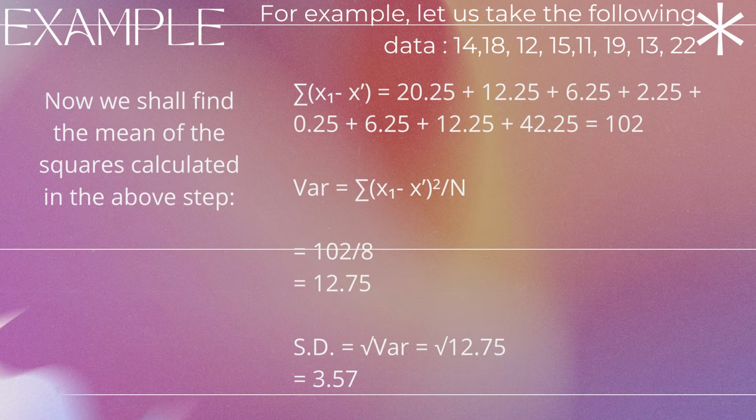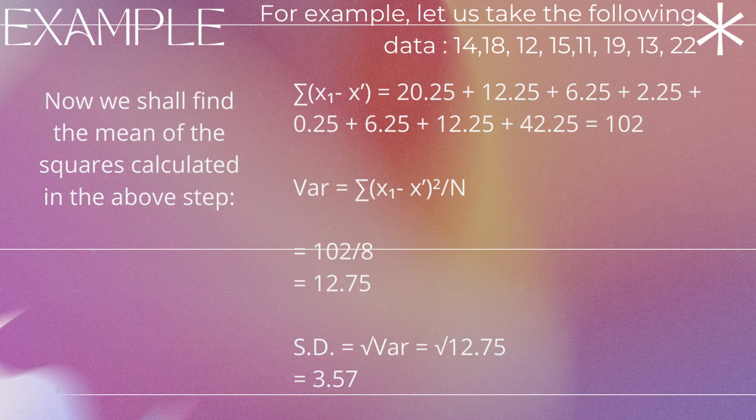So, we have to calculate the mean of the squares of our calculated data. So, variance is equal to the summation of the square of the difference of given value and mean divided by the total number of the given data.